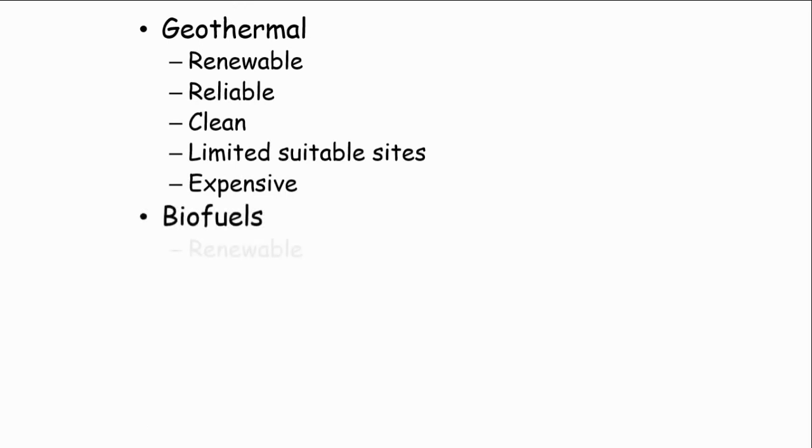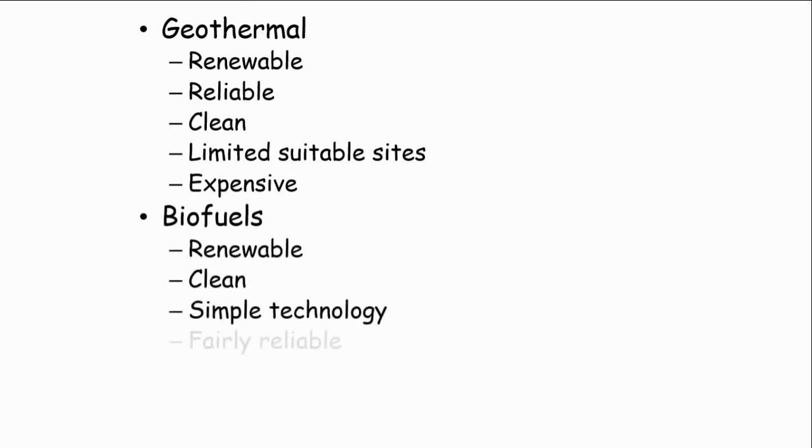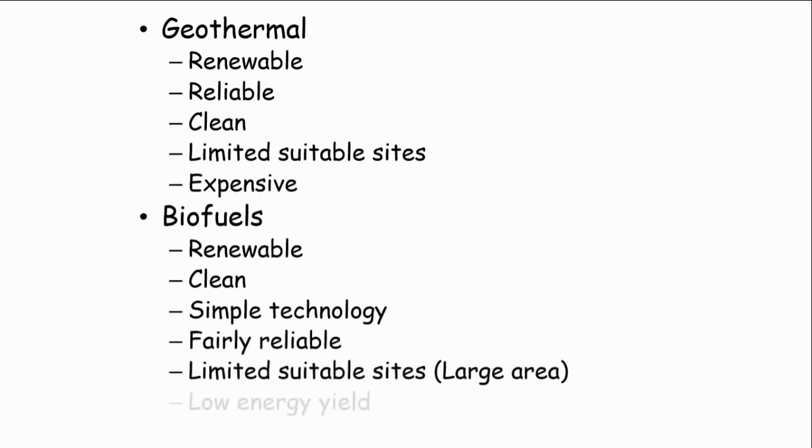We also use biofuels. Now, biofuels are using plants or other living matter which you can use in a very simple way. You can burn trees, for example. Again, that's renewable, it's clean, it's simple technology, it's fairly reliable, but you need limited suitable sites. You need a large area, and you get a low energy yield. So think about burning trees.